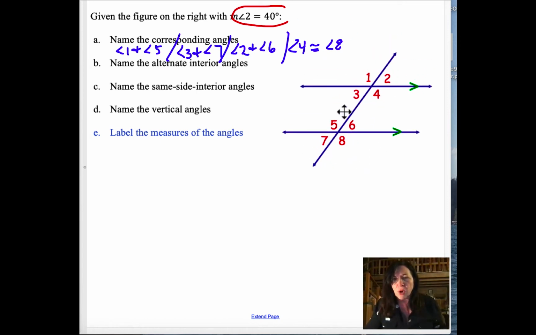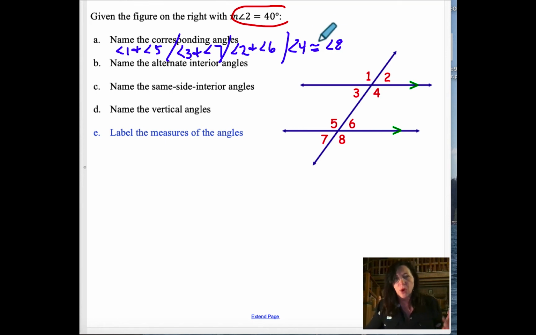Done. Now let's do alternate interior angles. Alternate interior angles are angles that are on the interior of the parallel lines. So what's interior to that? That's what I'm looking for. The angles that are interior are 3, 4, 5, and 6. But when they say alternate, that's every other.